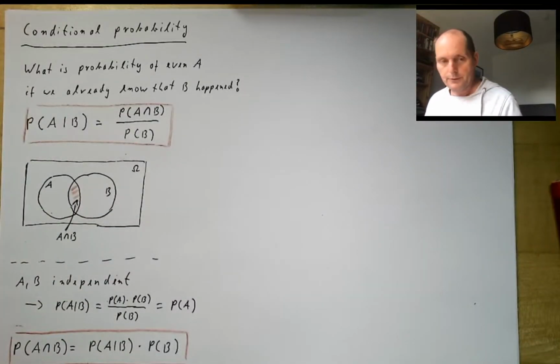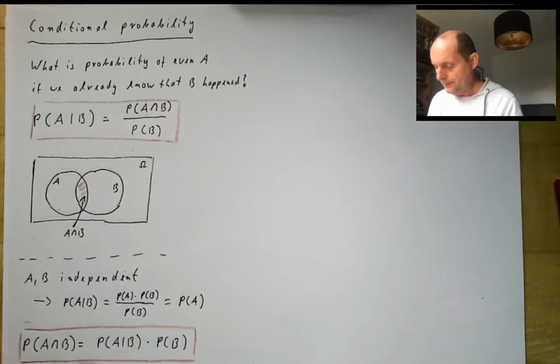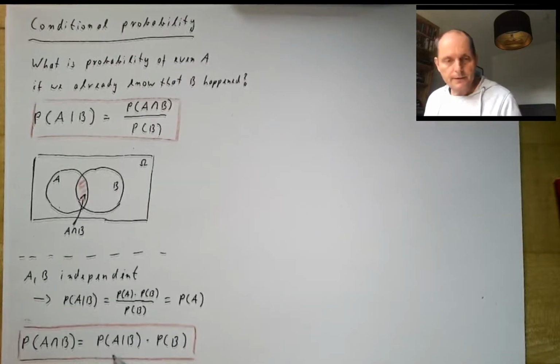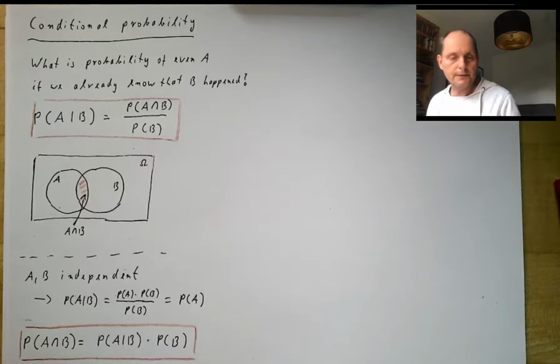And now you could ask why we separated out B and not A. That's just definition. We could also have written this as the conditional probability of B conditioned on A times the probability of A. That's just by symmetry.